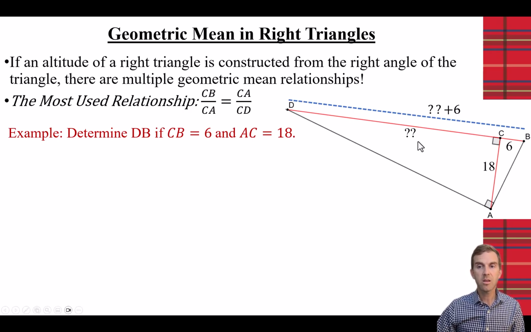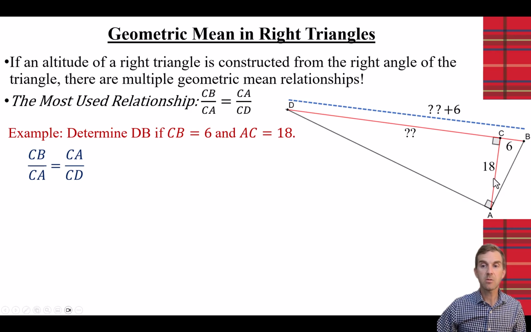So the entire length would be that unknown part of DC plus 6 units. We do have a relationship among these three parts, which is this geometric mean. So we can say that CB over the altitude, CA, equals CA over the other part of the hypotenuse, CD. I can substitute in the values I have, which would be 6 over 18 equals 18 over CD.